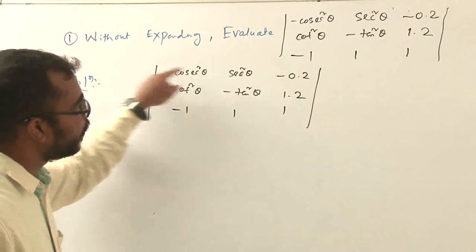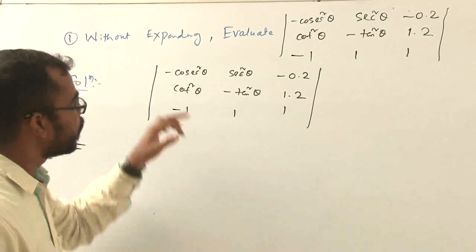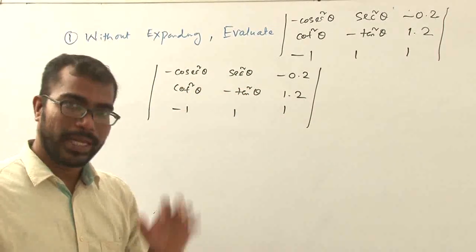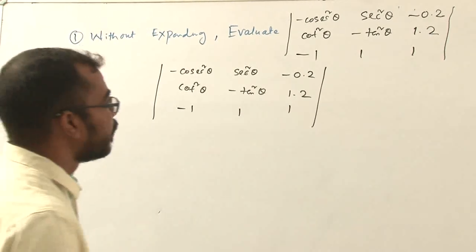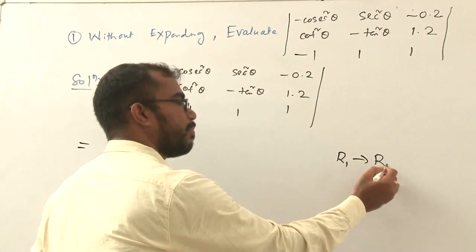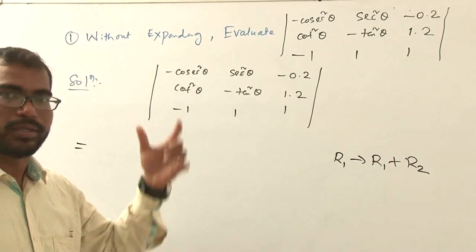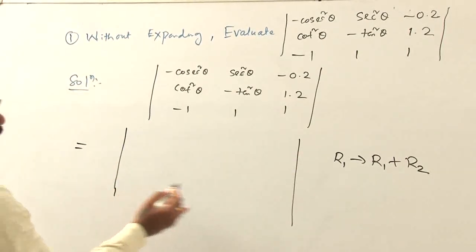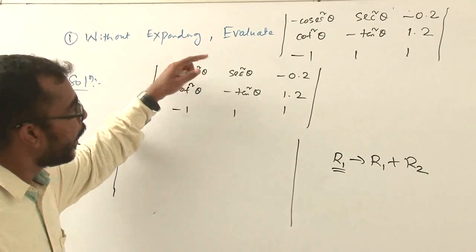If we add the first row and second row, there is a relation between them, because cosec square is related to cot square and sec square is also related to tan square. So in this question, in place of R1 we have to add R1 plus R2.